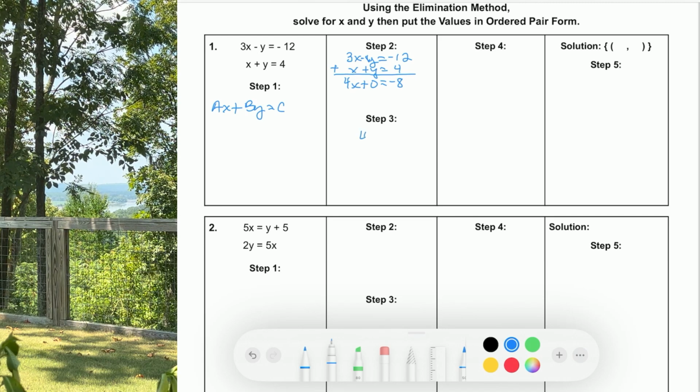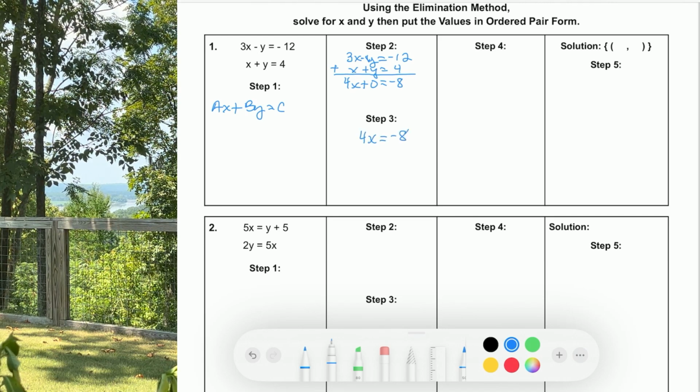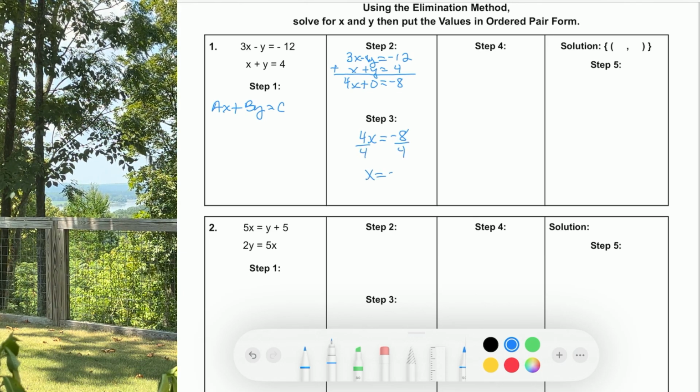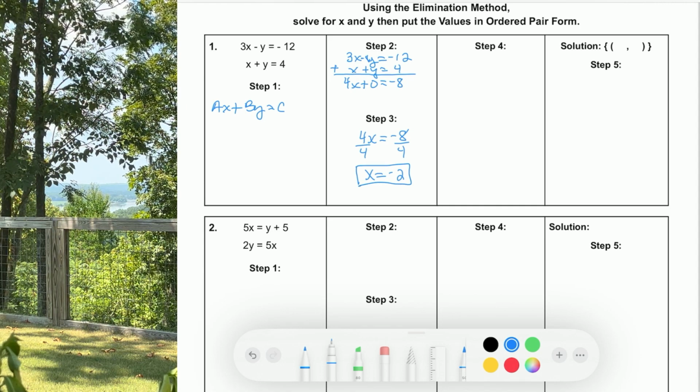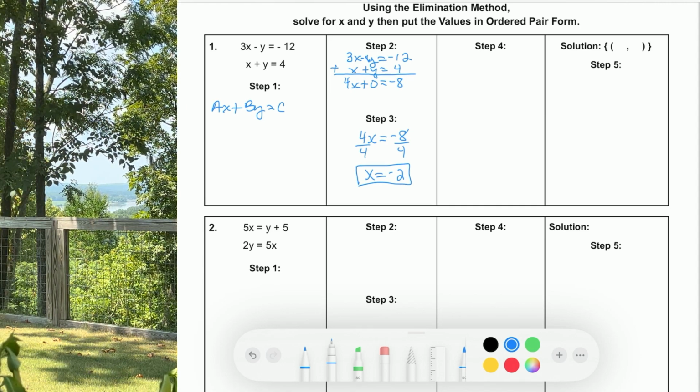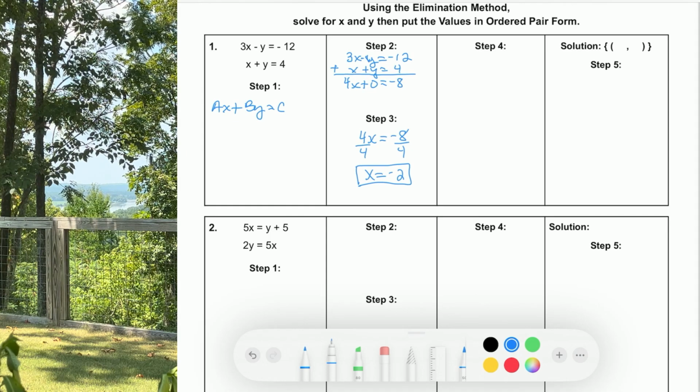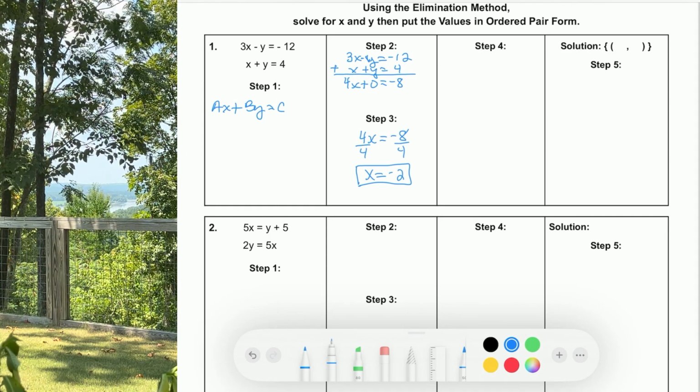I'm going to rewrite down here and actually find my x value. Divide by 4 and I get x equals negative 2. Now I'm going to use that in one of my equations to find my y value. It doesn't matter which equation you pick. You can pick either one.